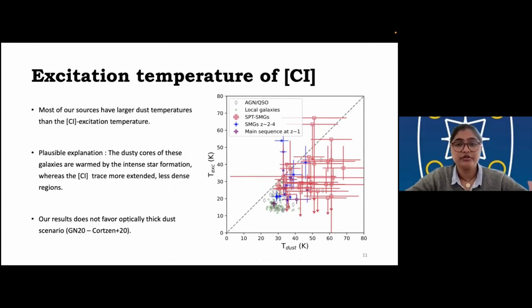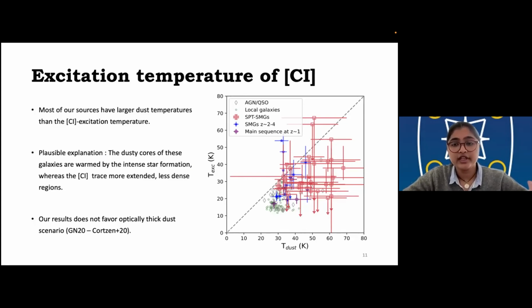What we can also do from our data is to analyze the excitation temperature of these galaxies. Since we have both the C1 lines targeted, we can estimate the C1 excitation temperature. And in the plot on the right, we basically compare the C1 excitation temperature to the dust temperature of our sample with all the ancillary data that's available.